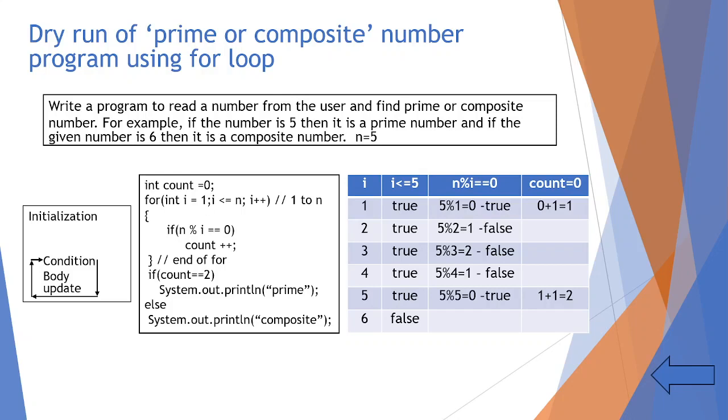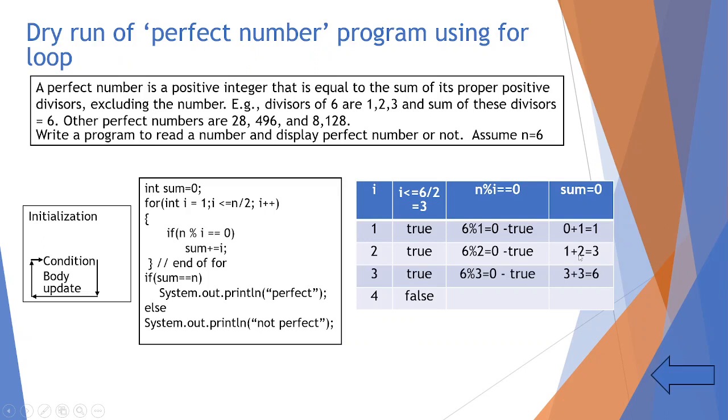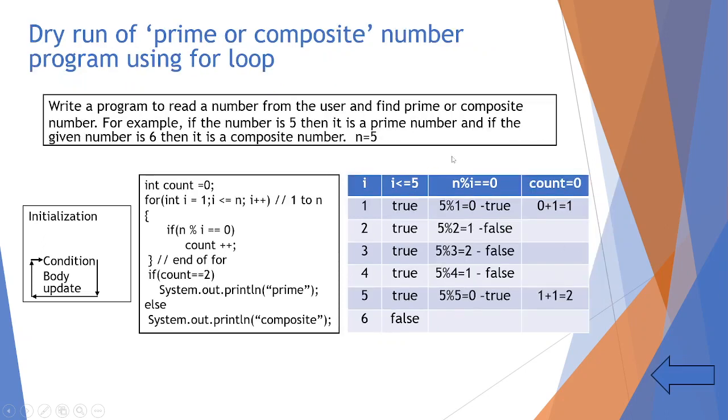So in the dry run, i works 5 times: true, true, true, false, and so on, for n modulo i double equals to 0. 5 modulo 1 is 0, then 5 modulo 5 is 0. True in 2 places, so count would be initially 0.